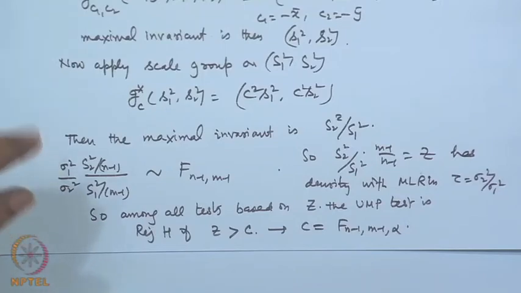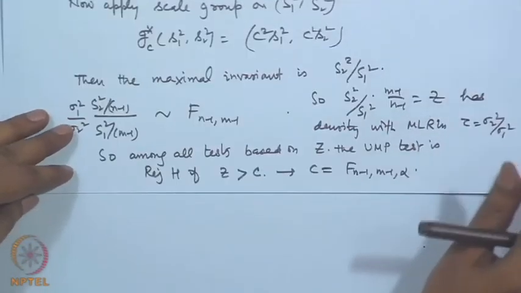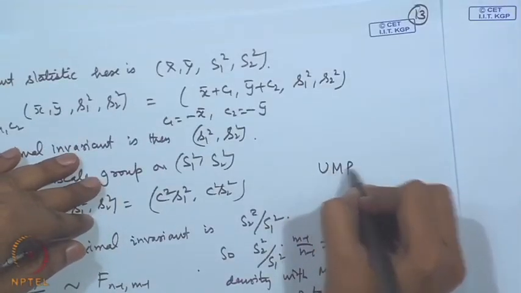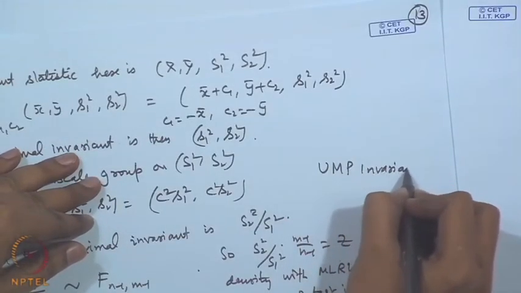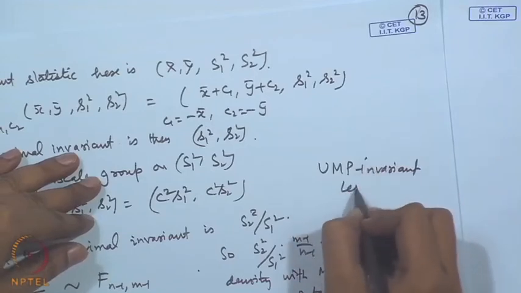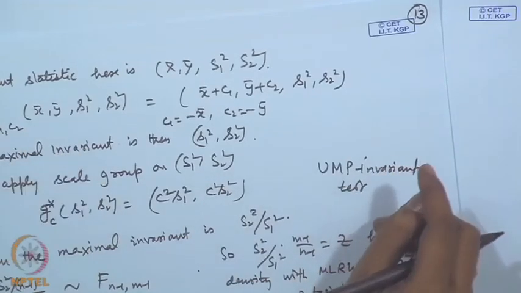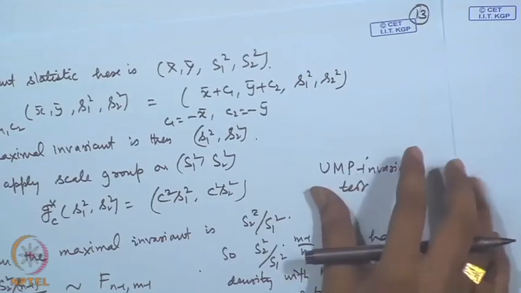So, we have got the UMP invariant test, and of course, in this case you are seeing this is the same as the UMP unbiased test.